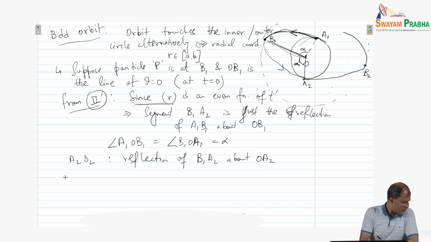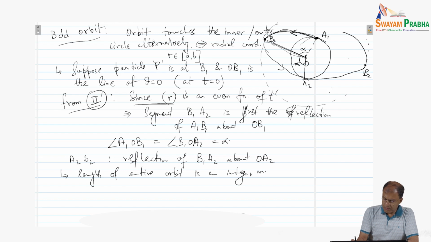And what we have here is that the length of the entire orbit is an integer multiple of the segment A1 B1.